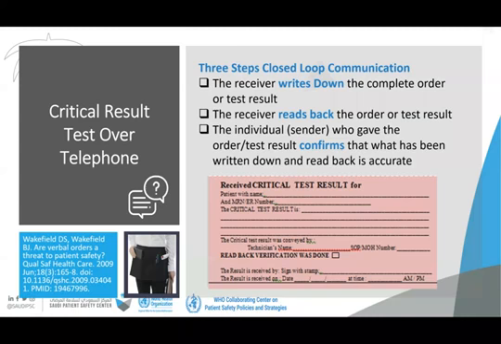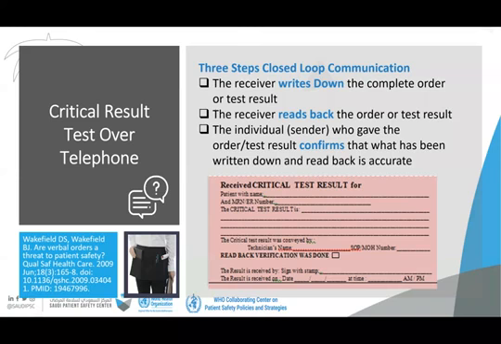Whenever there is a critical result announcement, the receiver, after he writes it down, will read back the result. Not repeat back, read back. That means he writes it and then he reads it. And then lastly, the sender, the individual who gave the information, will confirm that what has been written and read back is accurate information.